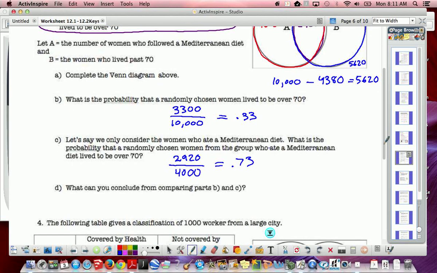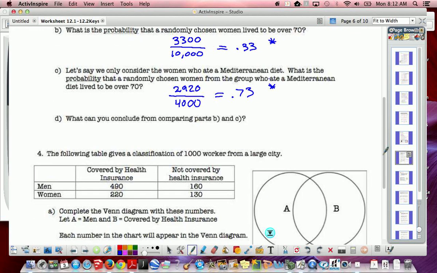All right, the last one says, what can you conclude from comparing parts B and C? Okay, so if you look at this, if you ate the Mediterranean diet, 73% of the women live past 70. However, altogether, it was only a 33% chance. So what can you conclude?